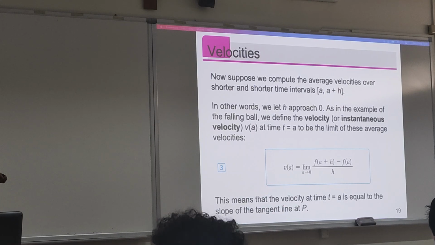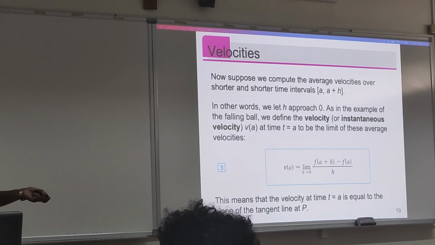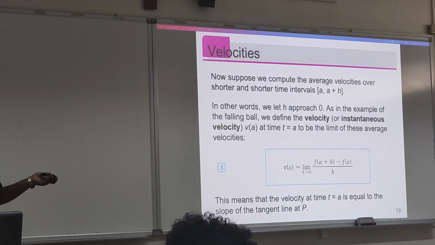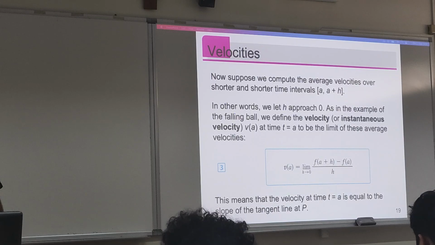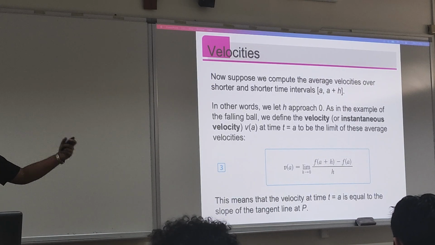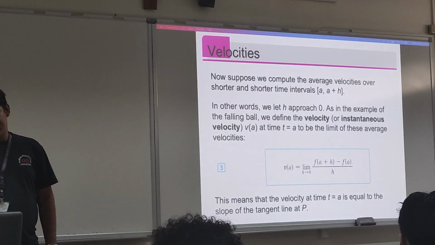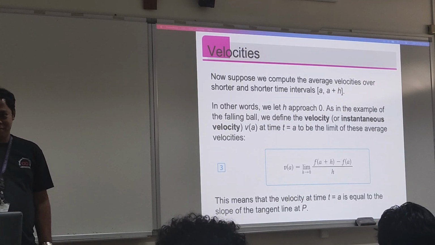This is given by the formula v of a equals the limit of f of a plus h minus f of a all over h as h approaches 0. So this means that v of a, the instantaneous velocity, is the same as the slope of the tangent line at t. They're just the same.